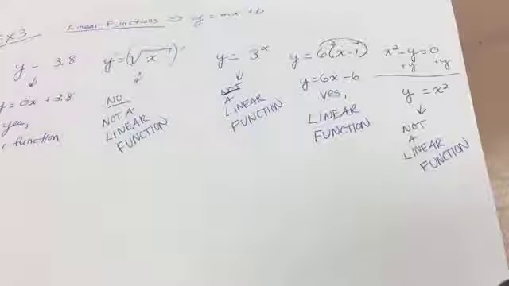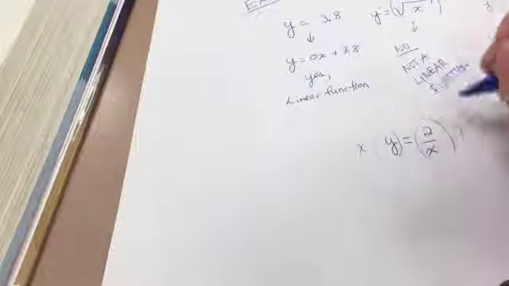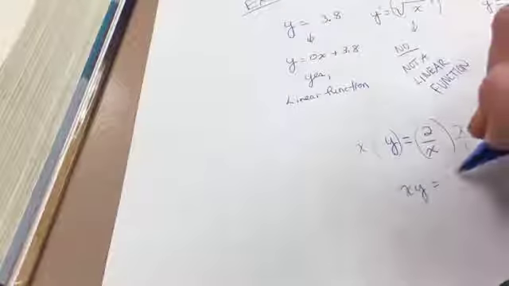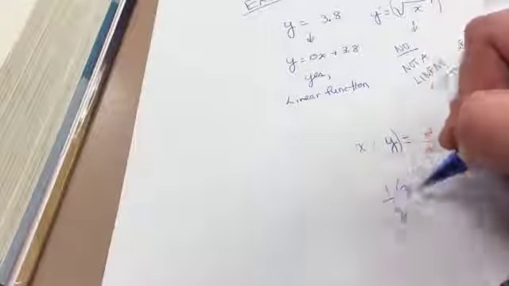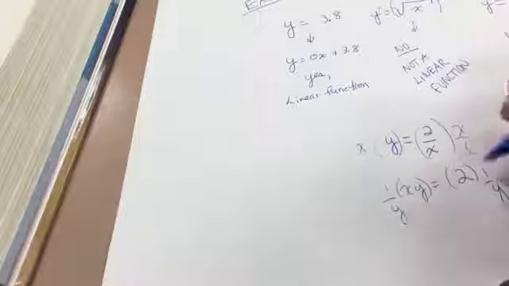And there's one more problem, which I must have missed, I'm sorry. That problem is y equals 2 over x. So again, even if I multiply both sides by x, I'd get xy equals 2, but then I'd have to multiply by the reciprocal of y in order to move y over.